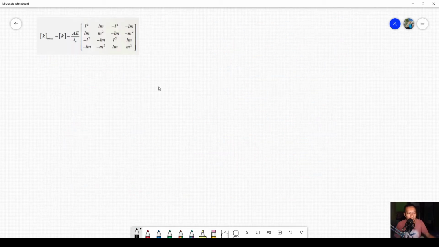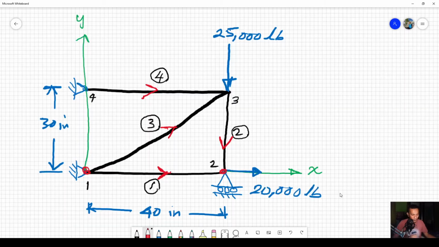If we remember, the element stiffness matrix for each truss element, written in the global coordinate system, can be obtained by filling in this information. Before we fill in this information, it is important to first go back and look at the boundary conditions of our system.